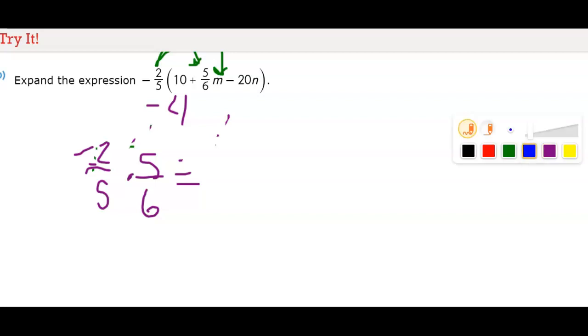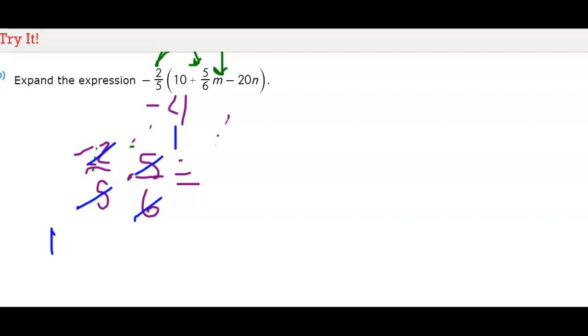I'm going to simplify first. 5 divided by 5 is 1. 5 divided by 5 is 1. And then we have 2 and 2 to divide this by. It's going to be negative 1. And then 6 divided by 2 is going to be 3. So then we have negative 1 times 1 is negative 1. And then 1 times 3 is 3. So then we have minus 1/3 times m.